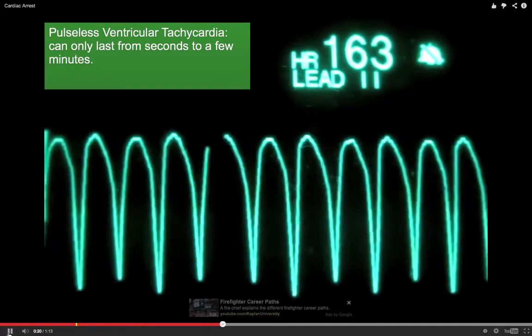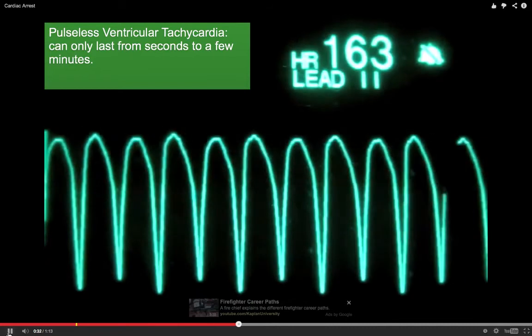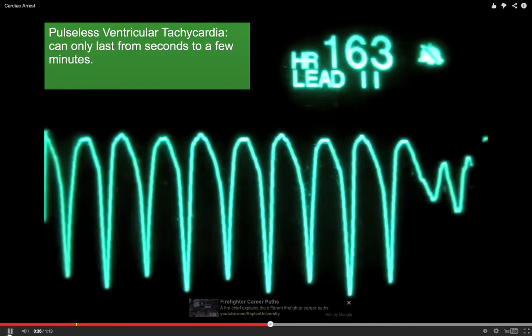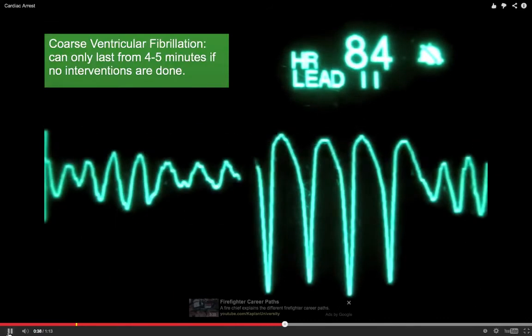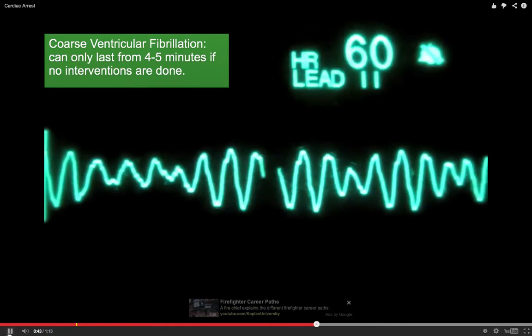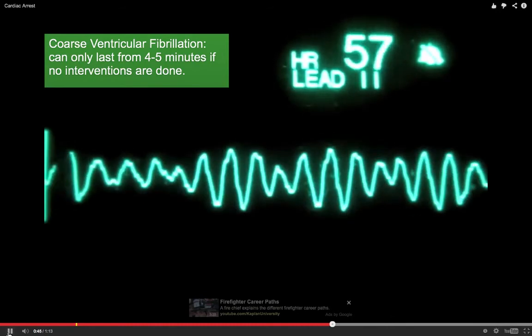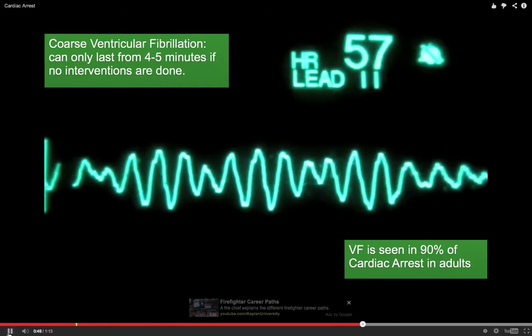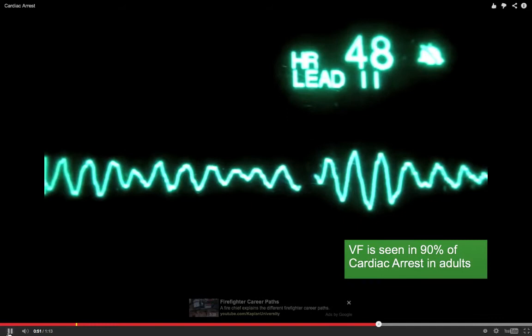We finally got irritated enough that one of these ectopic foci just took over and started to create action potentials without stopping. After a while, that degrades into coarse ventricular fibrillation. If the person is not defibrillated, they will die from this point. There's really no way to get out of this unless they're defibrillated.